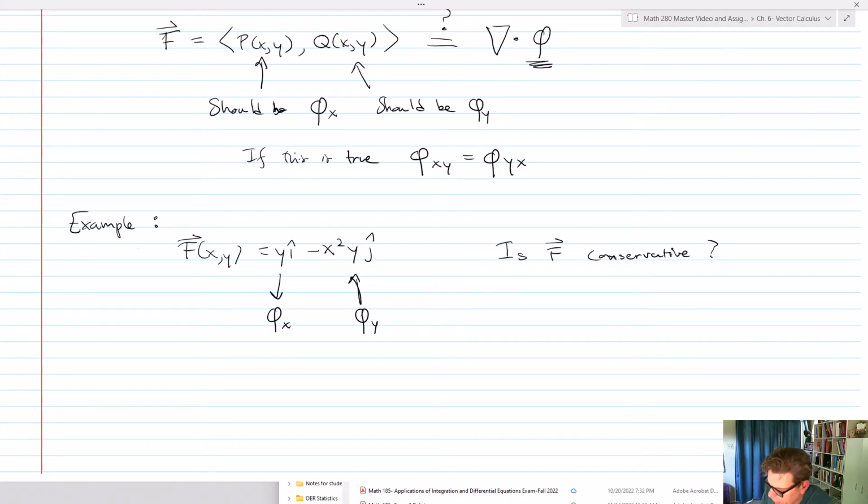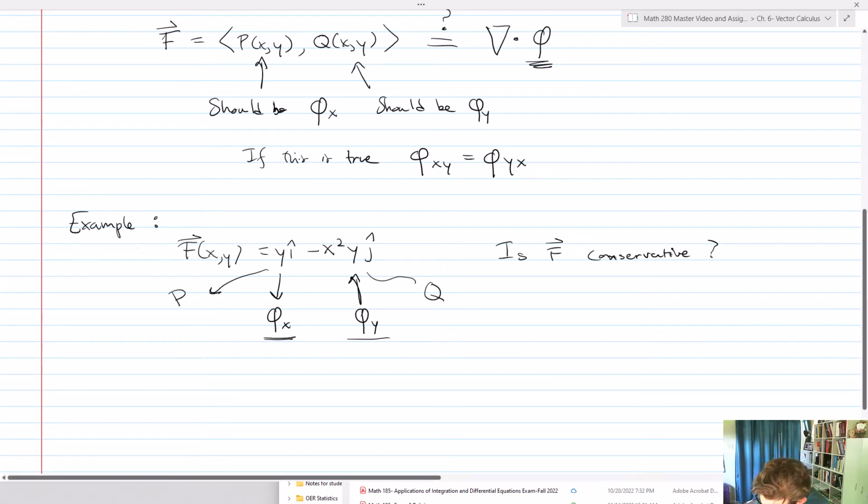Conversely, we'll also see it written as this being called Q and this being called P. But right now, I'm just trying to connect the values inside our vector field to this potential function phi. So since this is phi x, I need to find the derivative with respect to y.